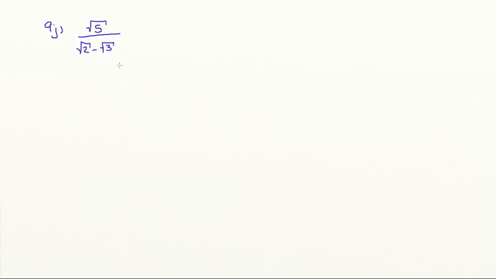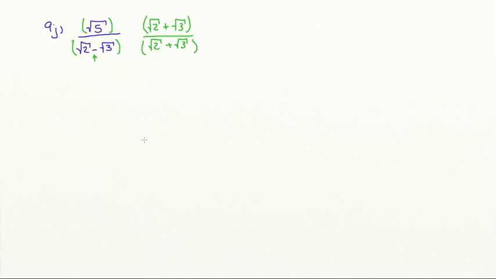9j. Root 5 divided by root 2 minus root 3. We have two terms here. There's a minus sign. We're going to take the conjugate. Same thing written for the numerator. And now we need to FOIL. So I'm just going to put brackets around everything.